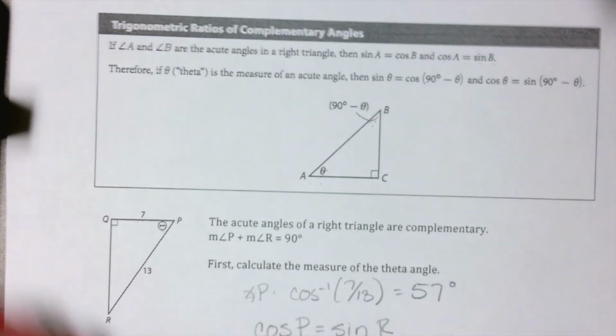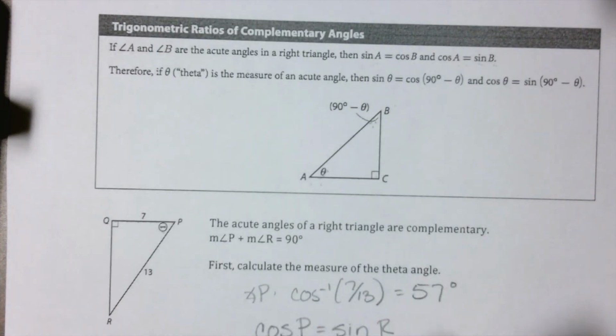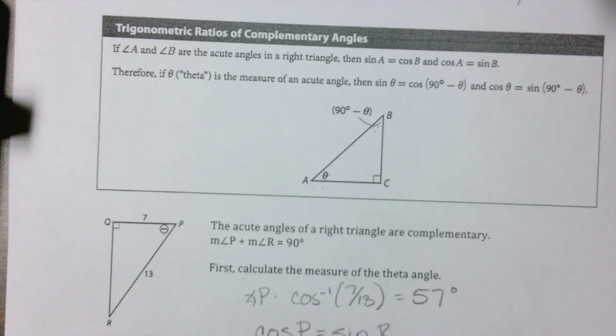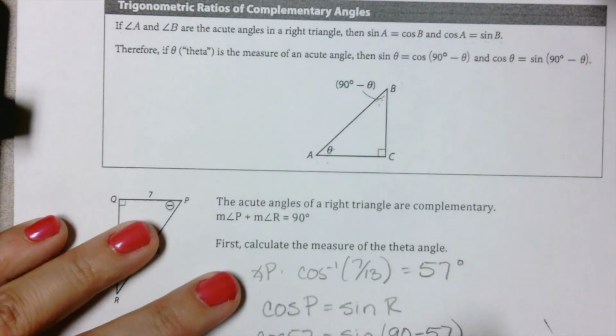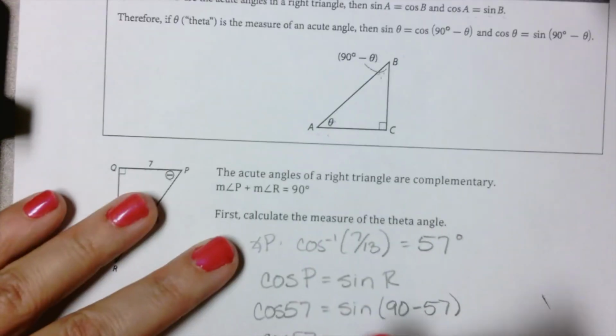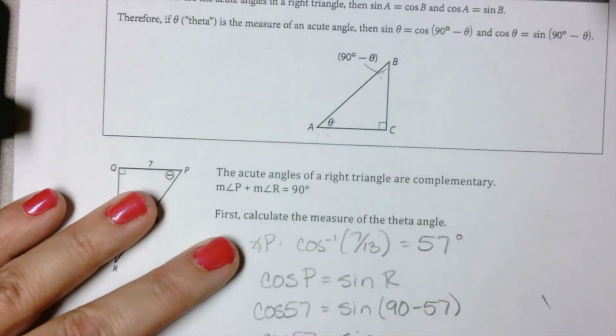Because we don't know the measure of angle R, but we know it's complementary, we can say 90 minus 57. So the cosine of 57 is equal to the sine of, let's see, 90 minus 57 is 33.